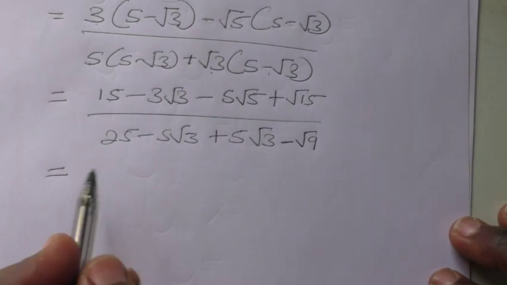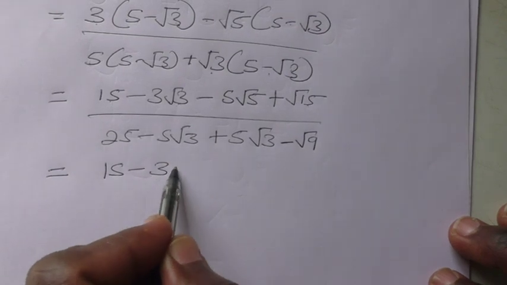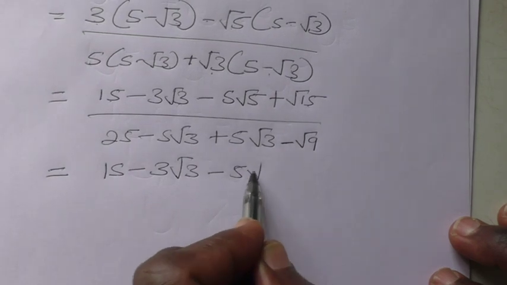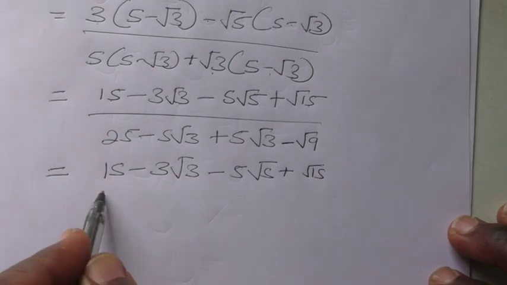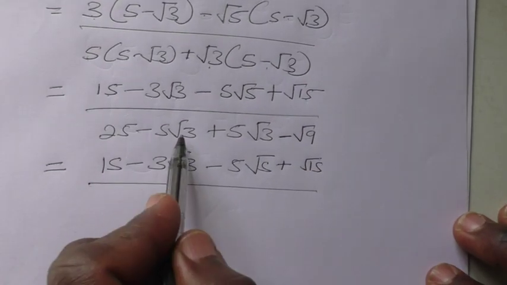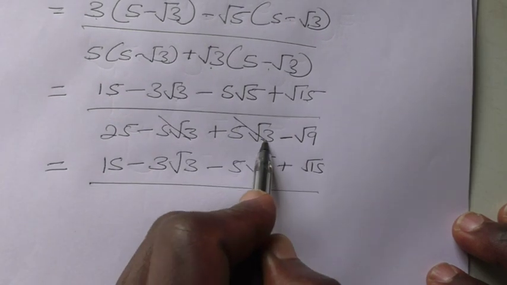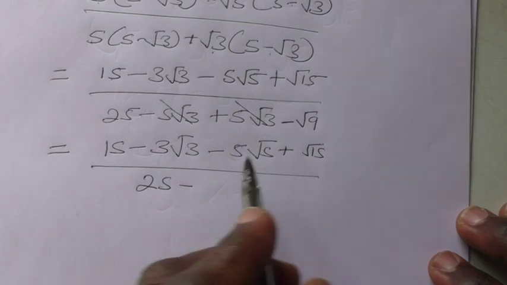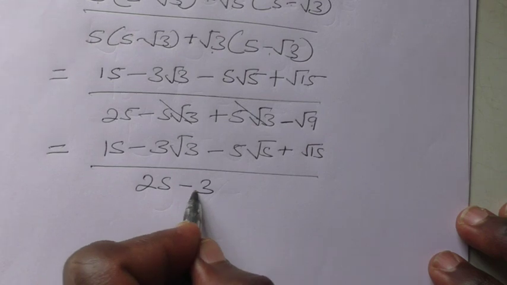So we shall end up with 15 minus 3 root 3 minus 5 root 5 plus root 15 over. Now down, since these ones are the same but opposite signs, we cancel them out, and then we end up with 25 minus root 9 is 3.